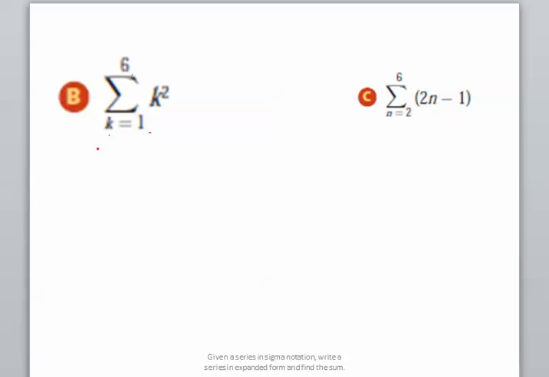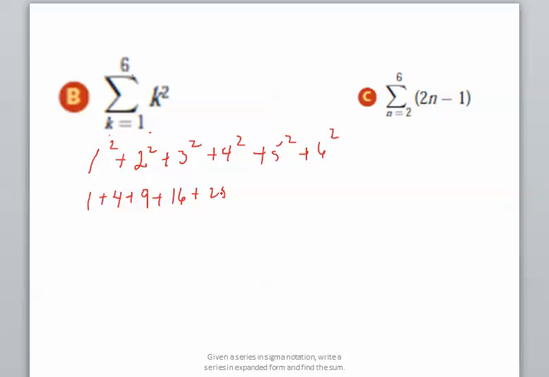So that's going to be 1 squared plus 2 squared plus 3 squared plus 4 squared plus 5 squared plus 6 squared. 1 squared is 1, 2 squared is 4, 3 squared is 9, 4 squared is 16, 5 squared is 25, 6 squared is 36.